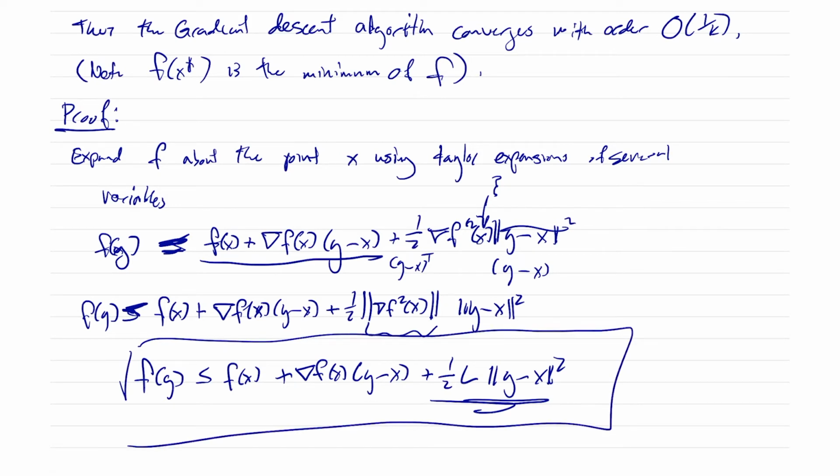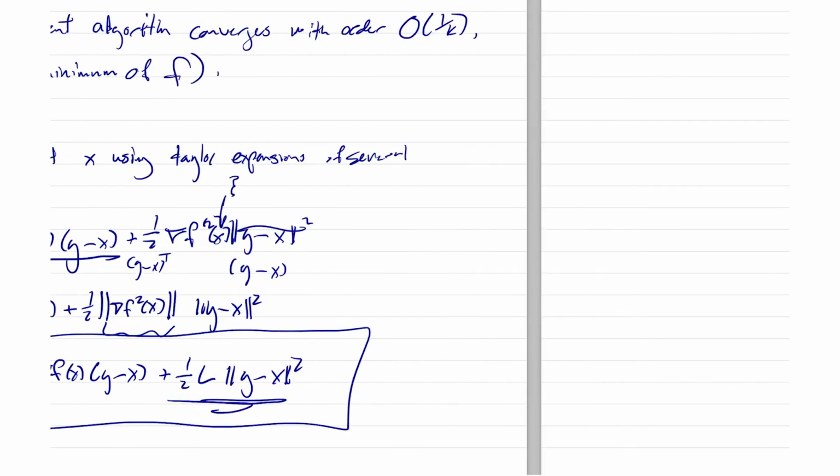Okay. Now we're going to replace y with the gradient descent update law. So x plus, being the next iterate, is equal to x minus t times the gradient of f of x.